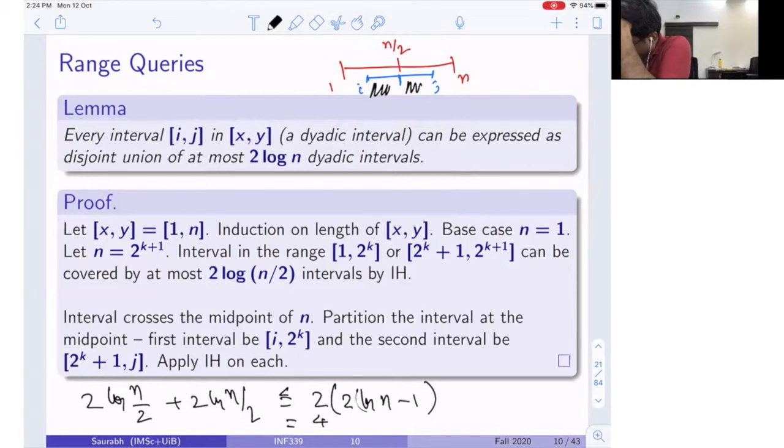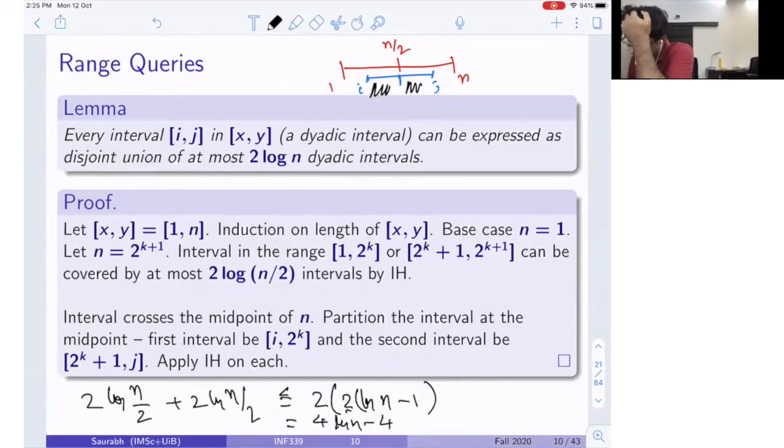There's no 2 inside the bracket. Okay, then I think I did something wrong. So 2 into this will be 4 log n minus 4, which is not what I wanted, right?